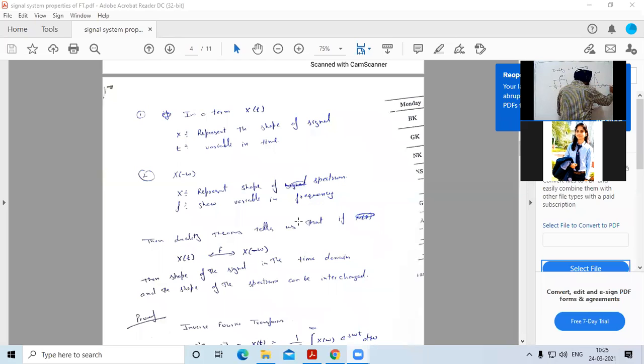Here we will write down omega. This is X(omega). Its conversion is like this one.